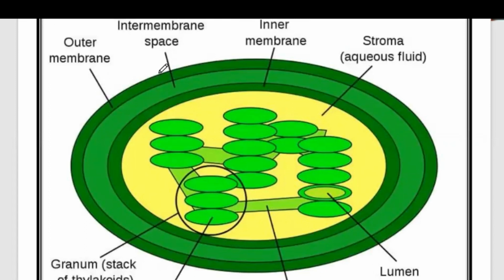So it has the outer membrane, the inner membrane, and these sacs. The sac is called the thylakoid. But the space inside is the lumen. And then this is a lamella, but because it is like a pile, each pile is called a granum.